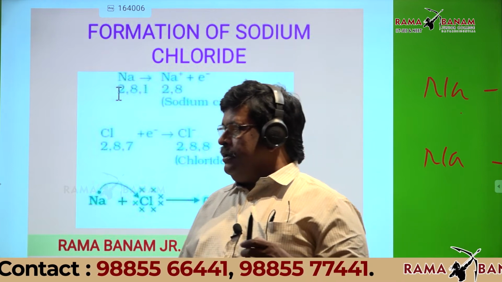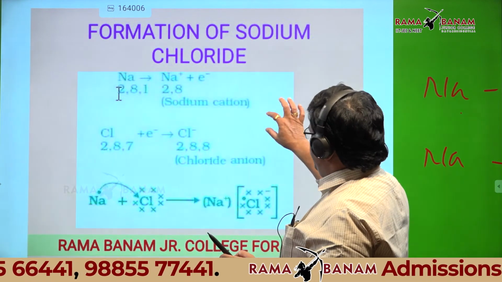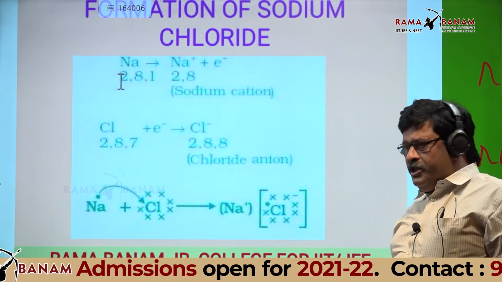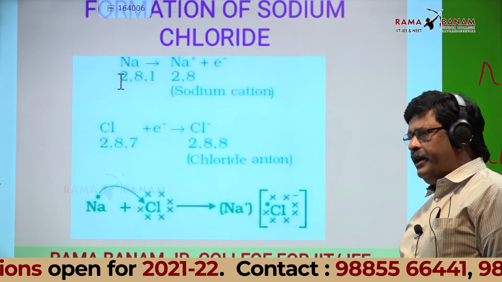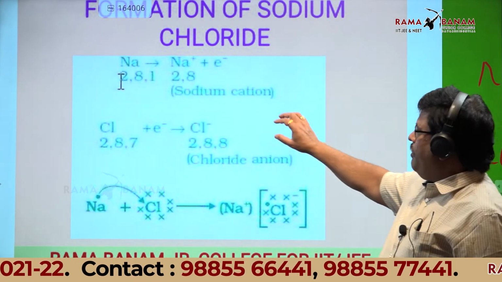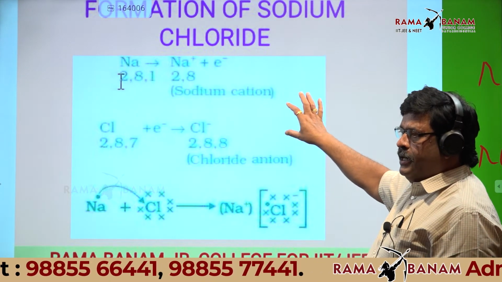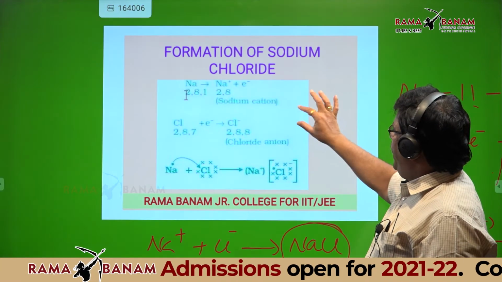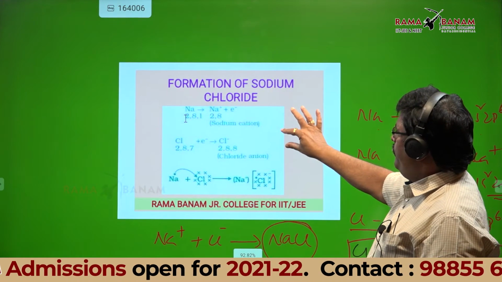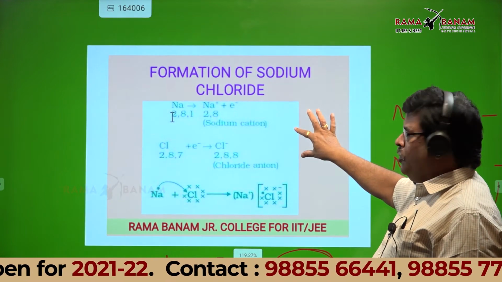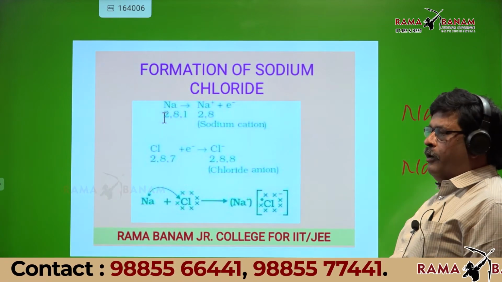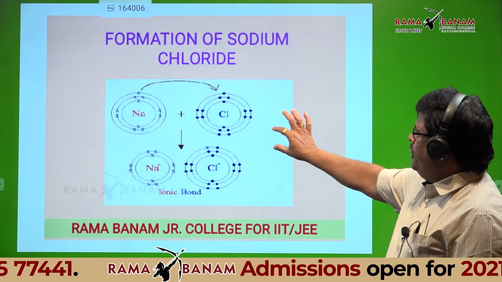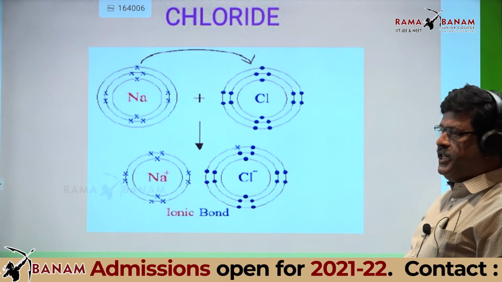That is why I have written everything, so there is no need to write anything because we have already written. Otherwise, I'll show the orbital diagram also. Is this clear or not? After that, I'll show how the transfer of electron takes place.